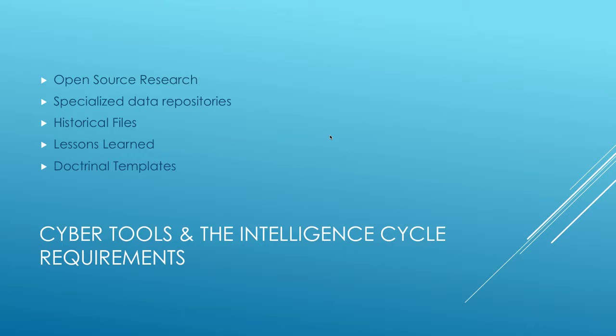In looking at sources for the intelligence cycle within the cyber domain, open source research is particularly important. One of them that we'll discuss in some detail later on is social media intelligence, SOCMINT, where you mine Facebook and LinkedIn and Pinterest and Twitter for intelligence purposes.